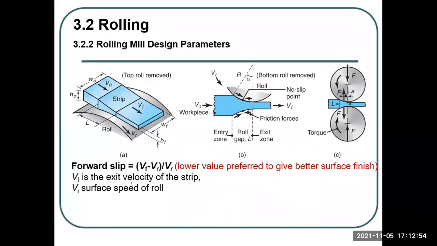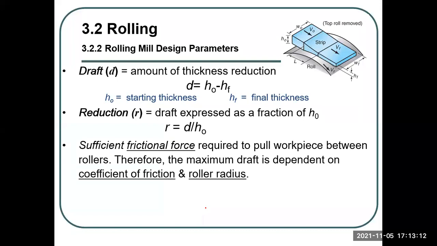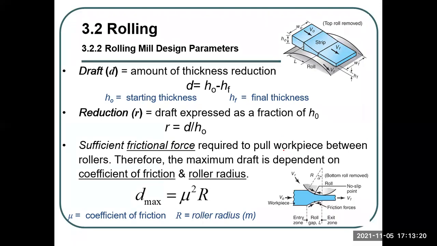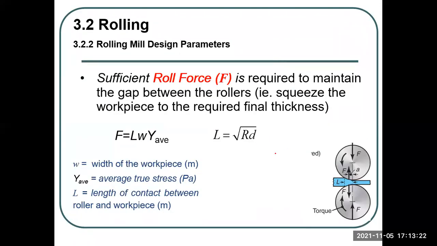For all these equations, if I test you with any exam calculations, I will give you all these equations, no worry. But this one, please remember. And for force, what is L?